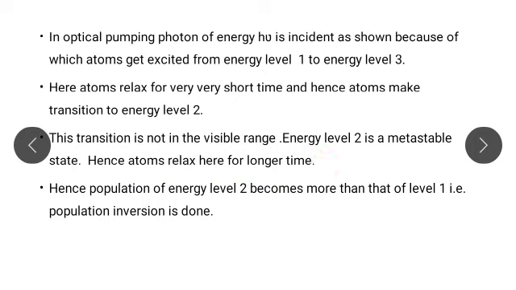Here the population of energy level 2 becomes more than that of level 1, and therefore you can say that population inversion is done.